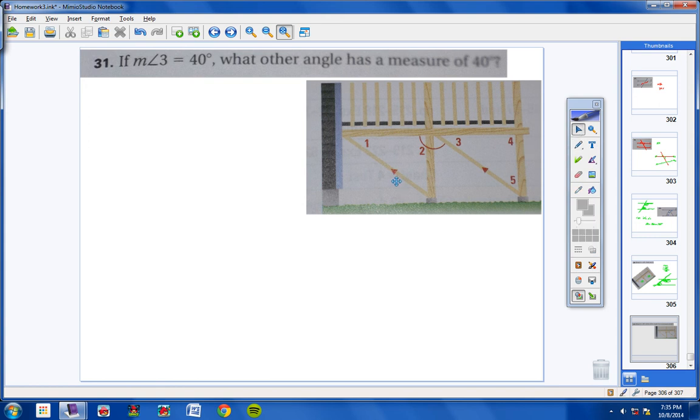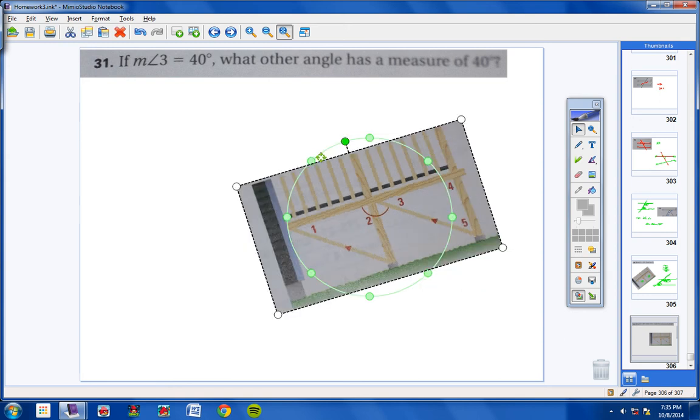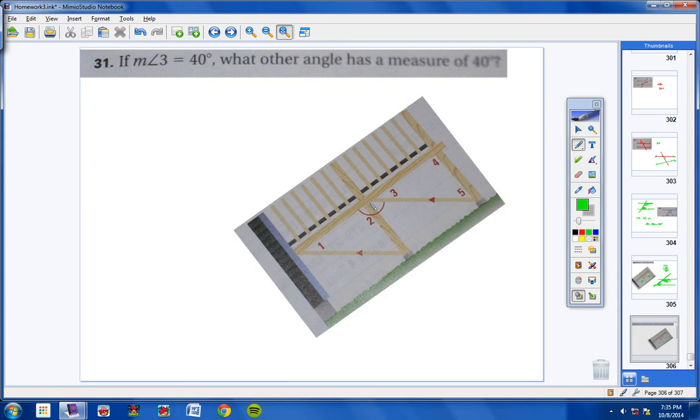Okay, let's take this again and let's turn it so that we have our parallel lines horizontal. So there we go. Good enough. And here's my two parallel lines right here.